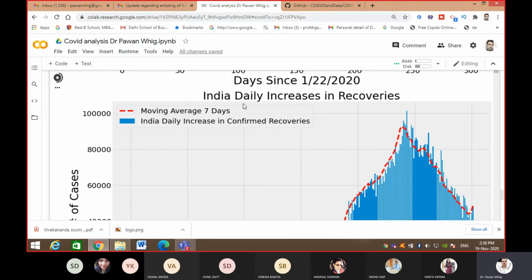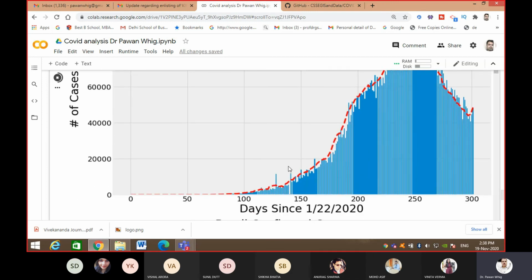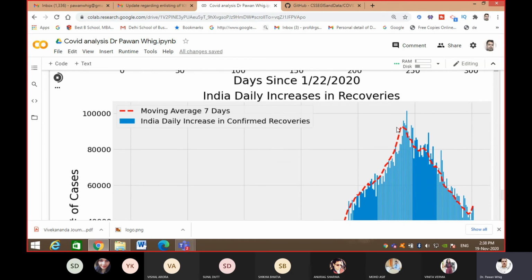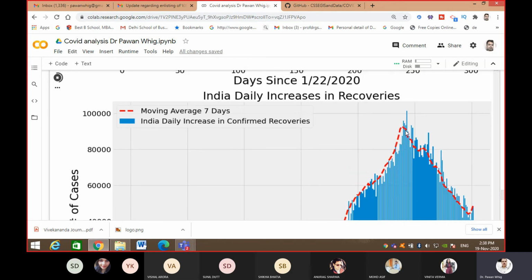And again, a very important thing, recoveries. You see, initially, most of the people recovered, and now the recovery rate also falls down. What does a falling recovery rate mean? Earlier, most people recovered in 2 or 3 or 4 days. Now the recovery rate decreases.